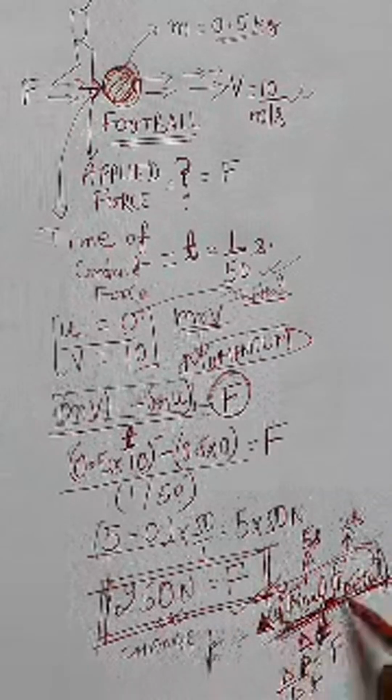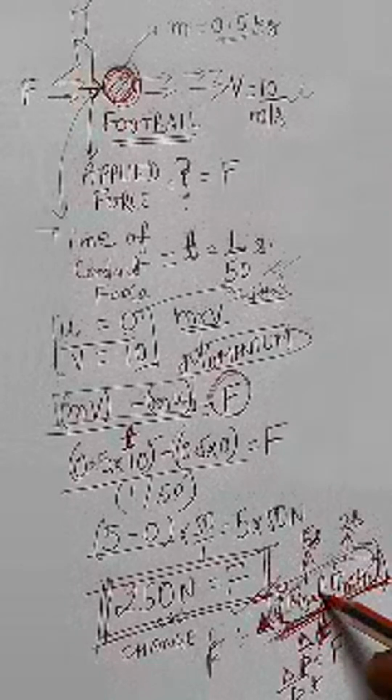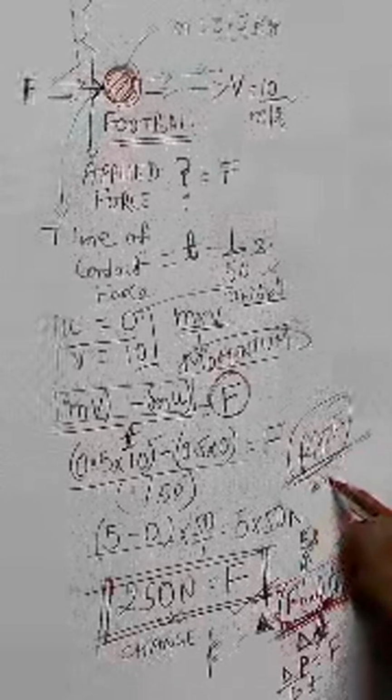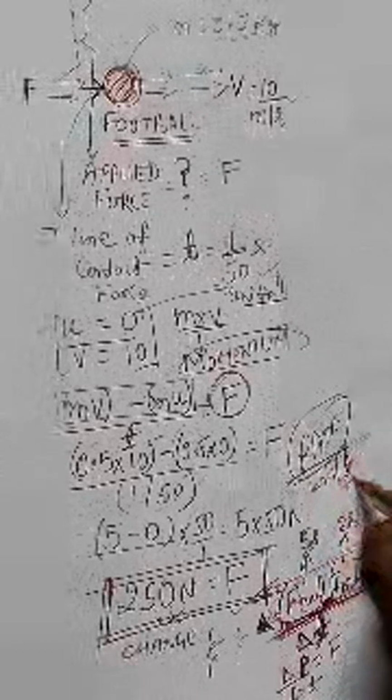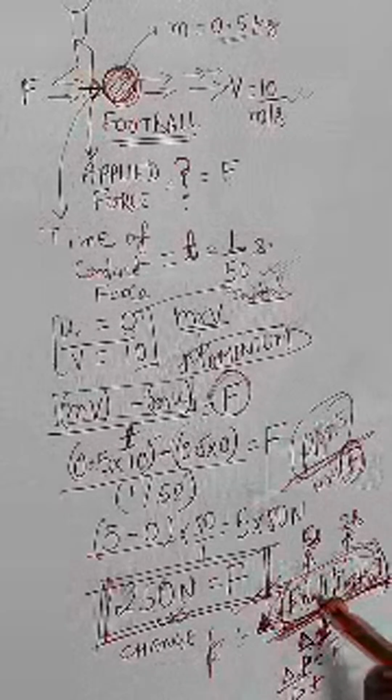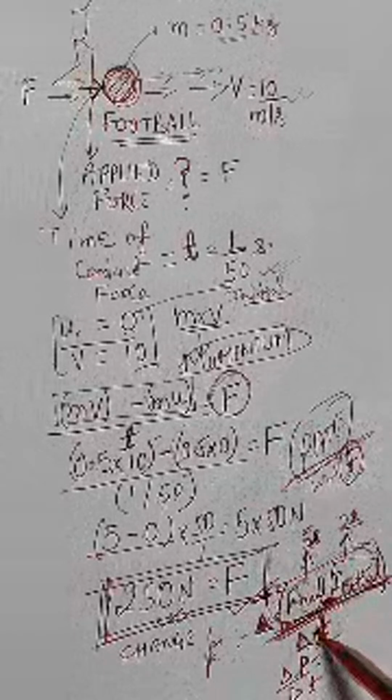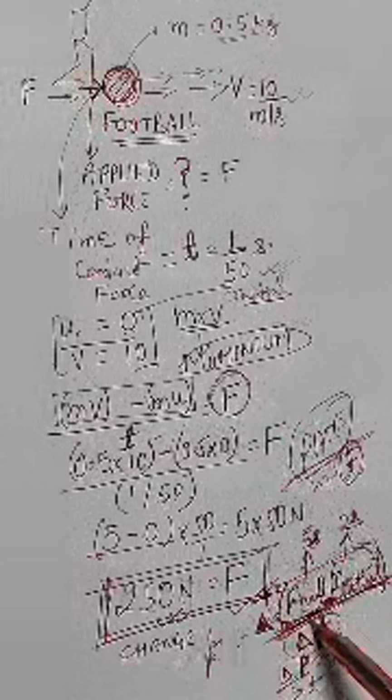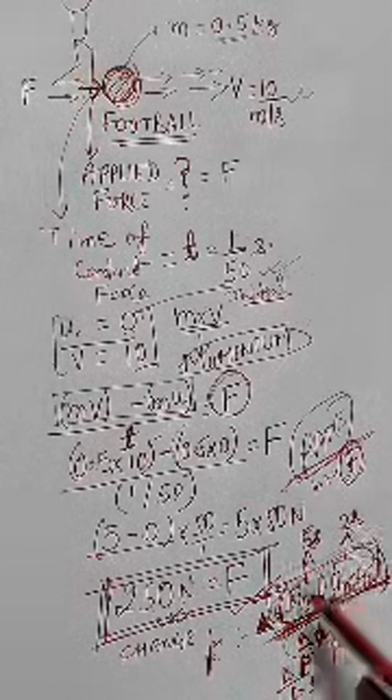Mind it very seriously: change in momentum and rate of change of momentum. When the word rate is applied, that means it is measured with respect to time, so t will come into the denominator, and the change in momentum will be divided by this t.